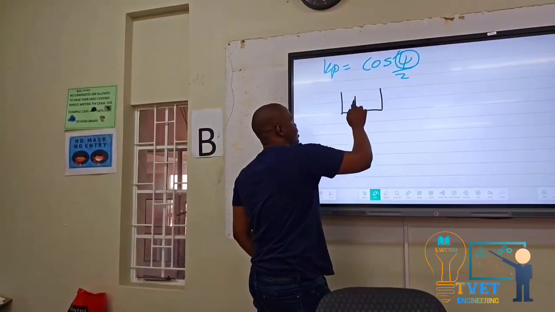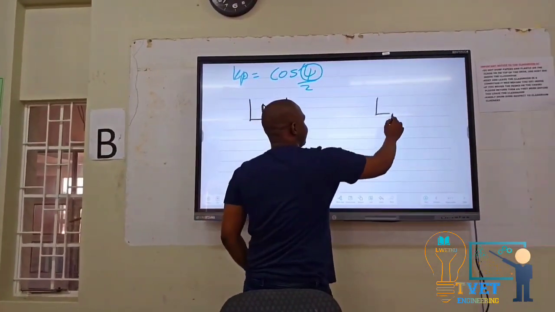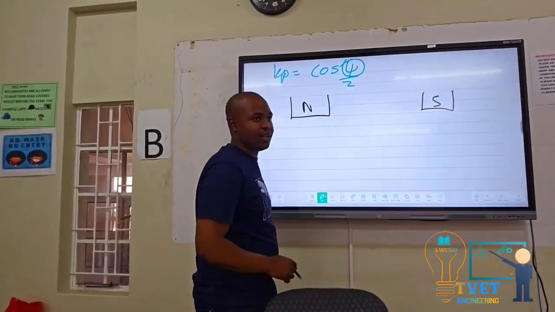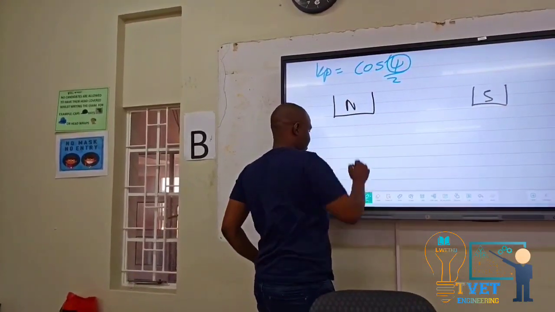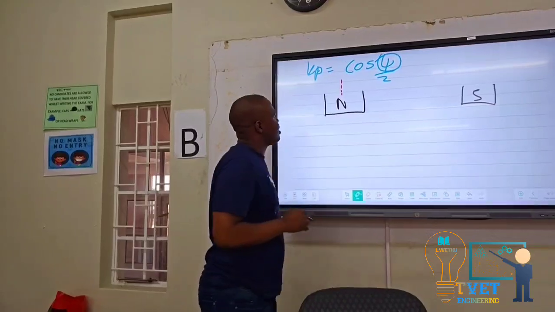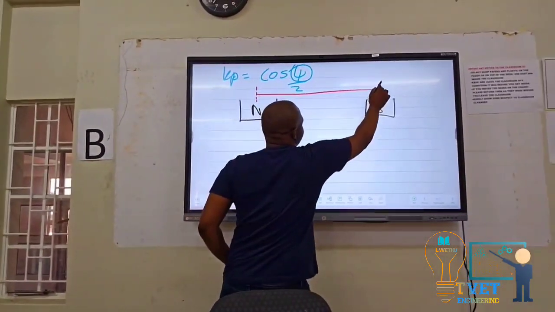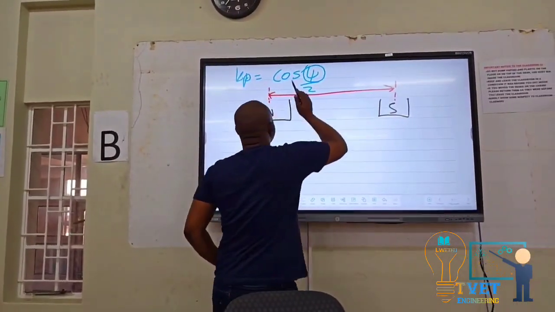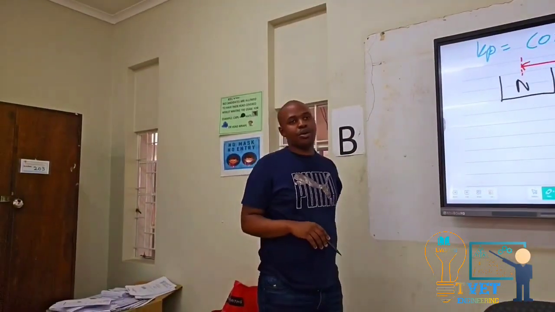We have one pole, then we have the adjacent pole. We ascertain the angle from the center of one pole to the center of the adjacent pole. You know what I mean?